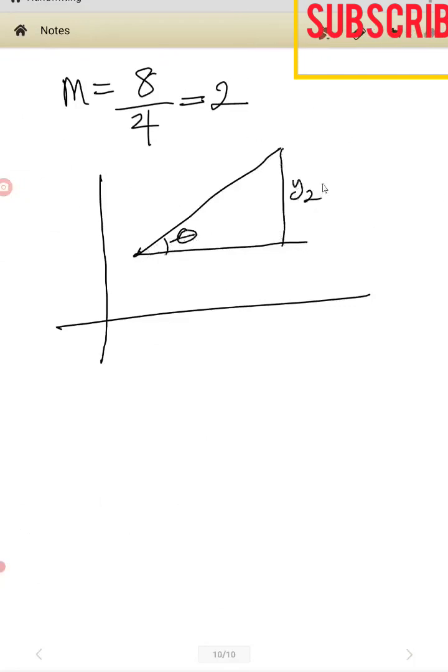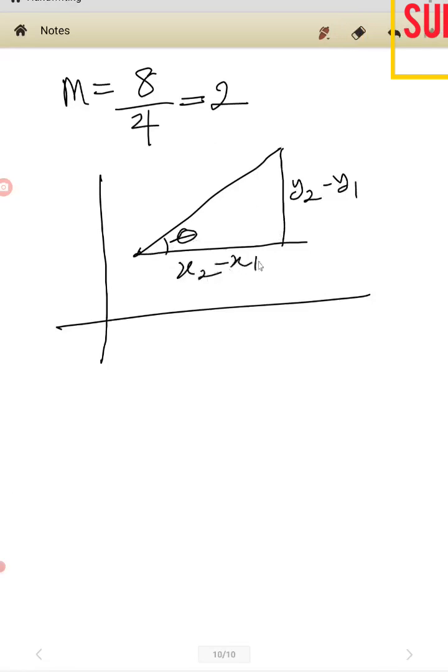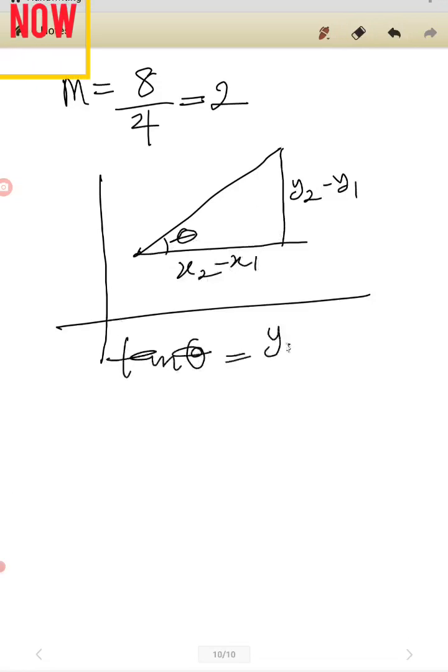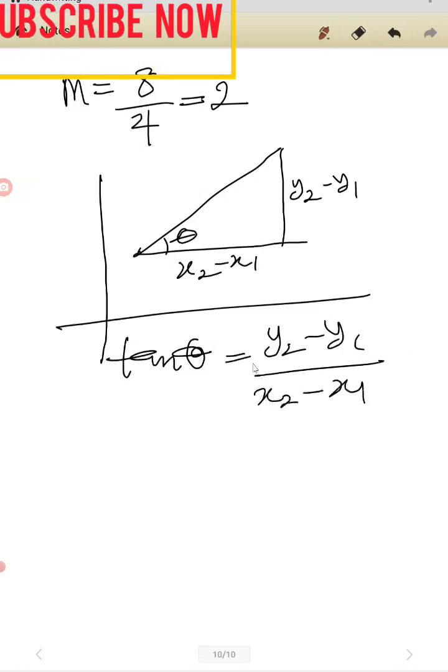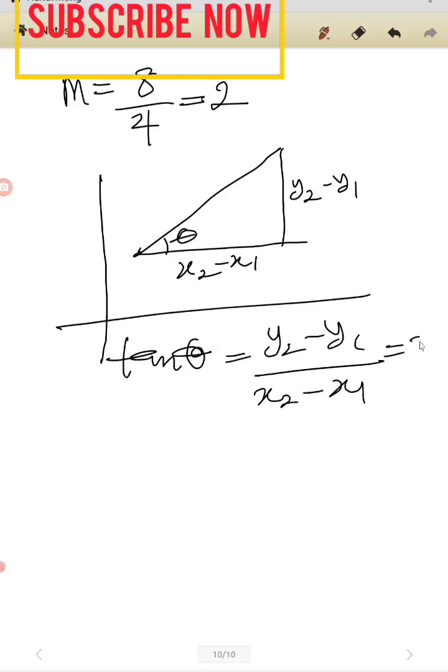This is y2 minus y1. This is x2 minus x1. And you know that tan theta is y2 minus y1 over x2 minus x1, and all this, you know that it's equal to 2.